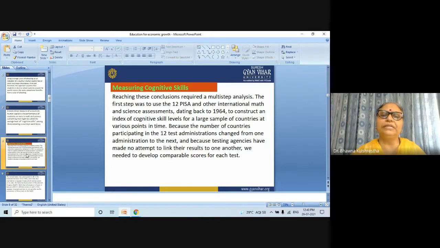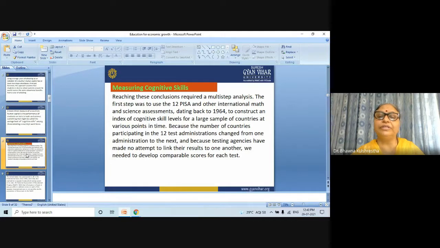The first step was to use the 12 PISA and other international math and science assessments dating back to 1964 to construct an index of cognitive skill levels for a large sample of countries at various points in time.